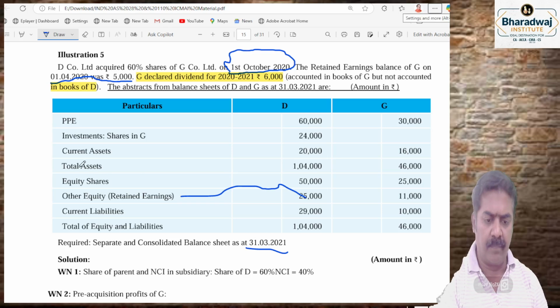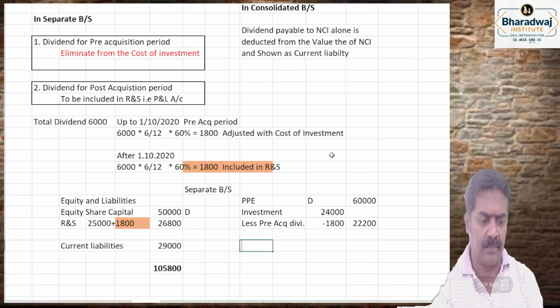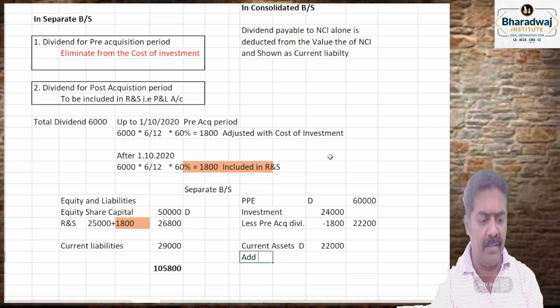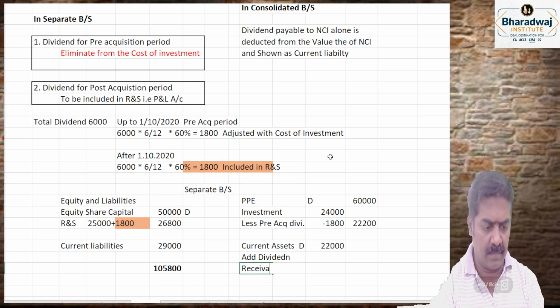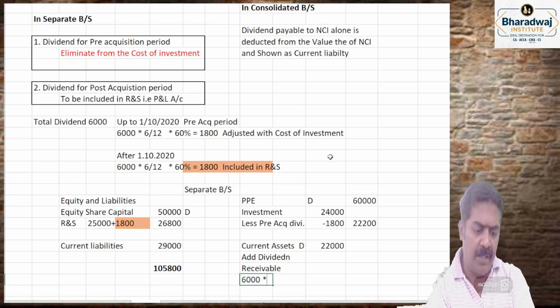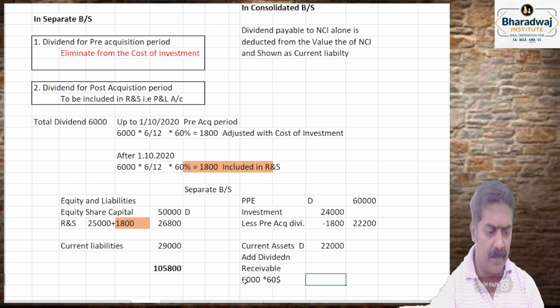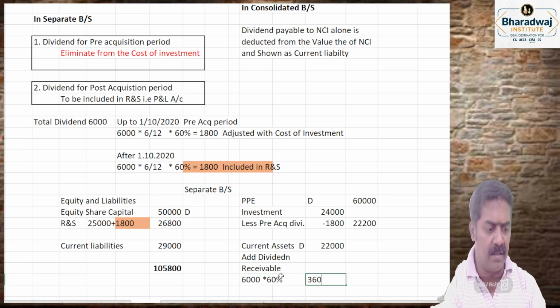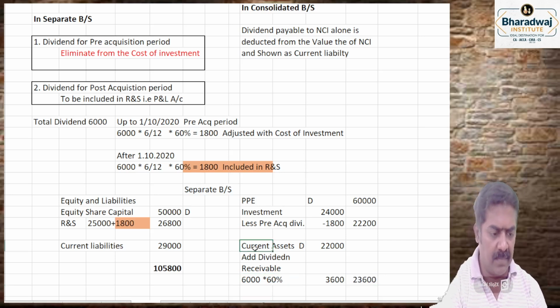Then current assets. How much current assets does D have? 22,000. Add dividend receivable. How much dividend will be received? 6,000 into 60%, total dividend receivable 3,600. Dividend receivable is an accrued income, right? 3,600. So total 23,600 will come. Tally this.